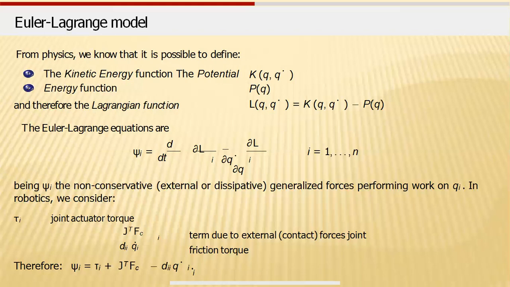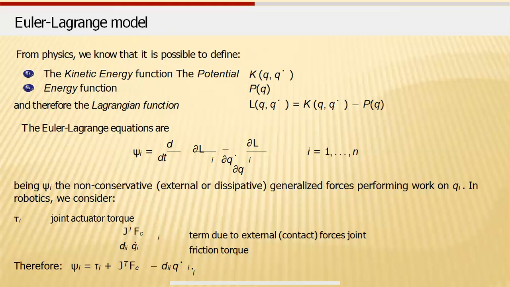Normally in robotics, we will be considering the joint actuator torque, based on some forces, that is Fc; we can say external forces Fc, and the frictional torque Di of qi dot.